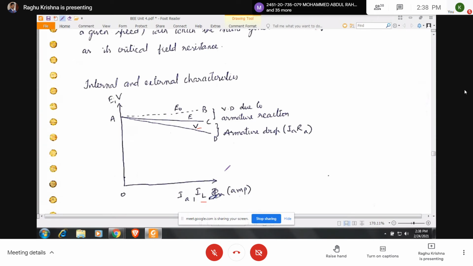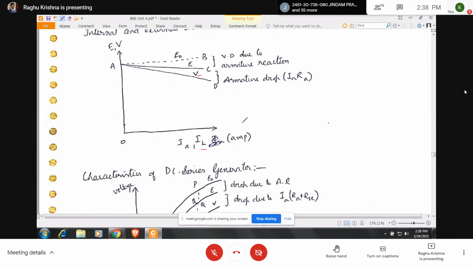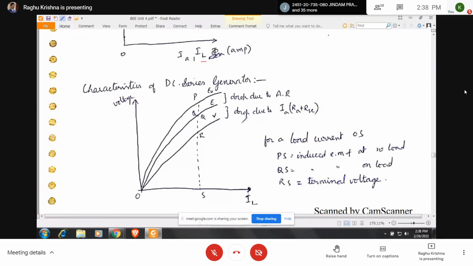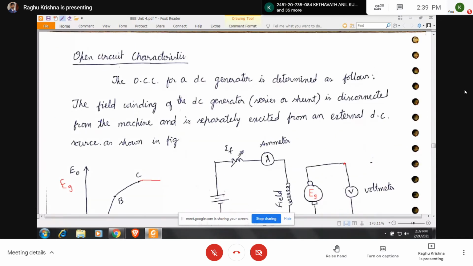In the next class, I will show how armature reaction occurs. Next, characteristics of DC series generator. If you take a DC series generator and want to find the OCC, it is similar to a separately excited generator. The OCC of a DC generator is determined as follows.